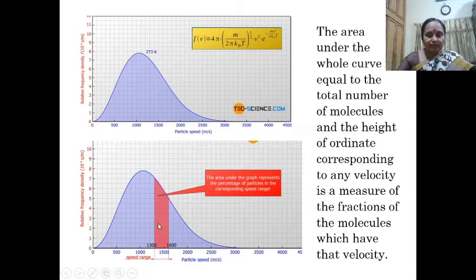Now this area represents the percentage of particles corresponding to the speed range. The speed range is between 1300 to 1600 meters per second. So this gives me the percentage of particles in the corresponding speed range.